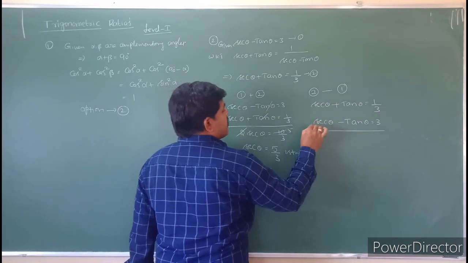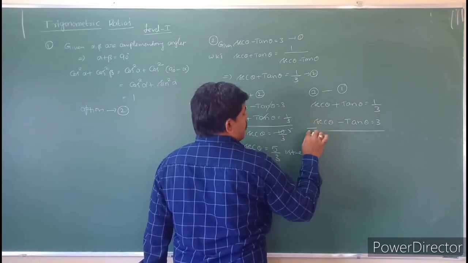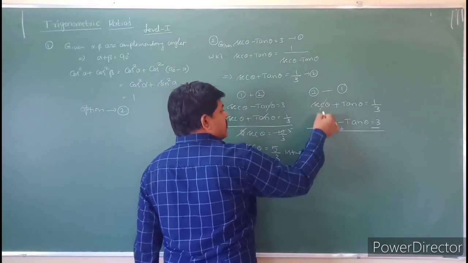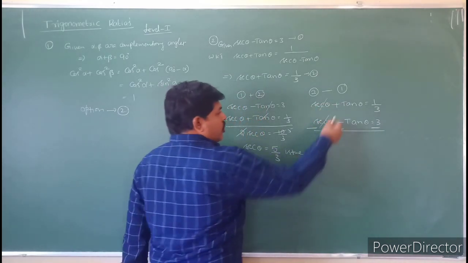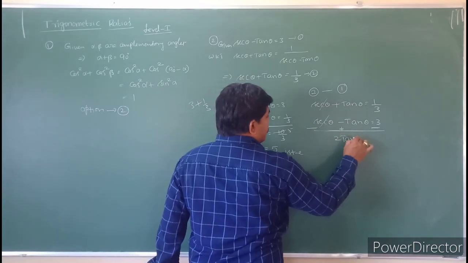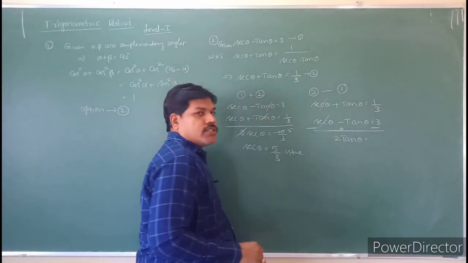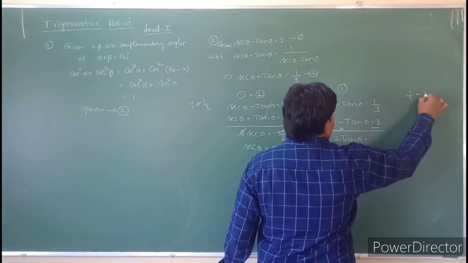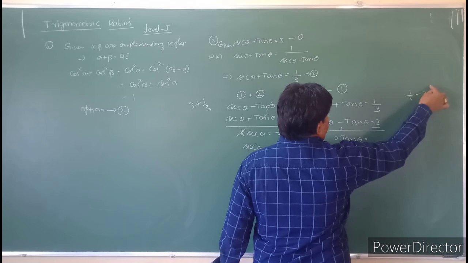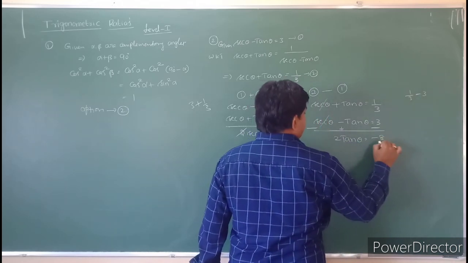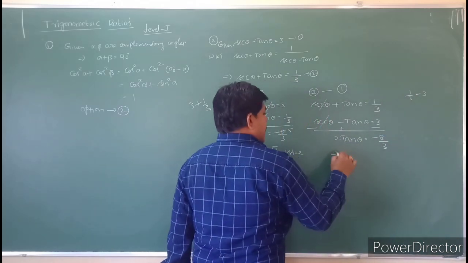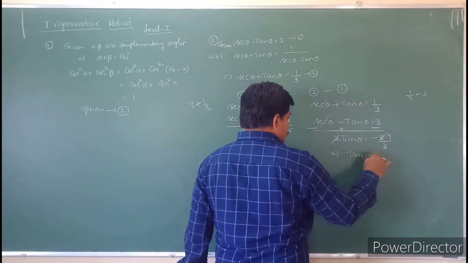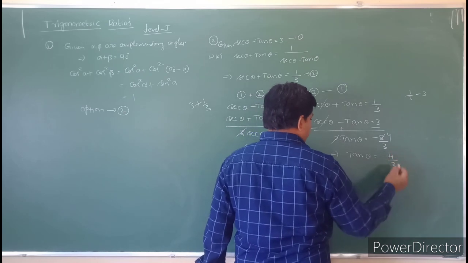If you are taking the minus, all the signs change: plus will become minus and minus will become plus. So what happens, students? Secant theta will be cancelled. You will get 2 tan theta is equal to 1 by 3 minus 3. 1 minus 9 is minus 8 by 3. Minus 8 by 3 means tan theta is equal to minus 4 by 3.